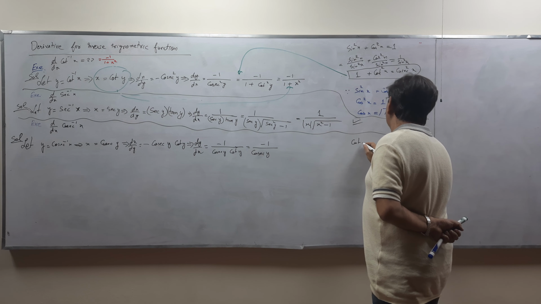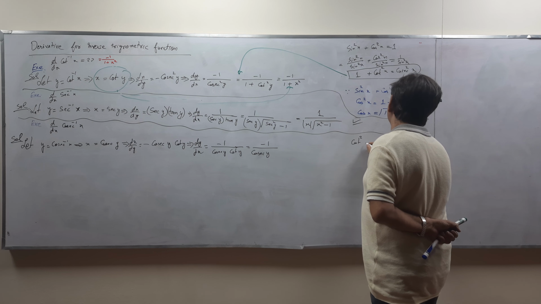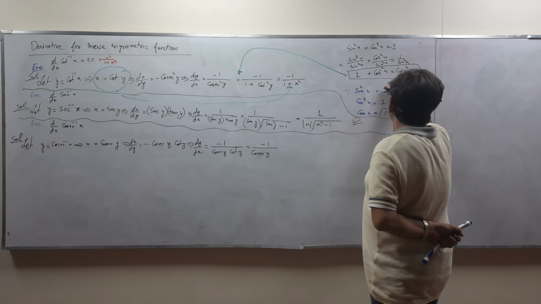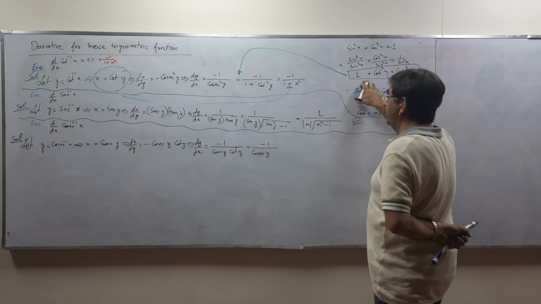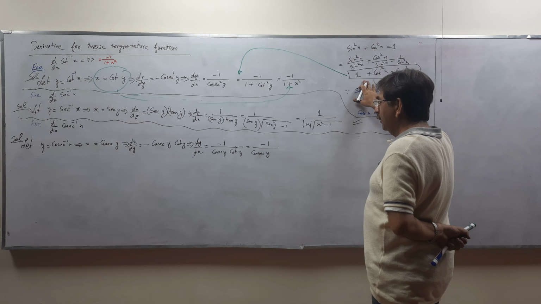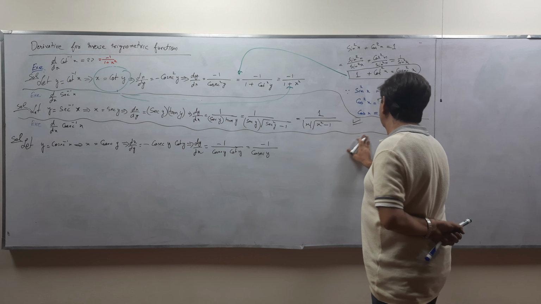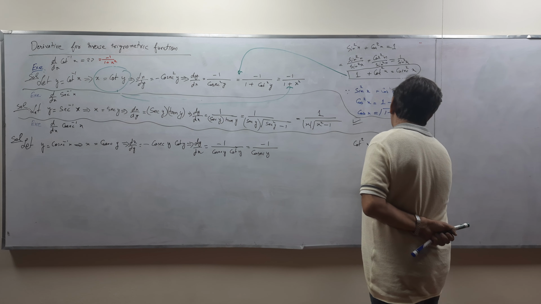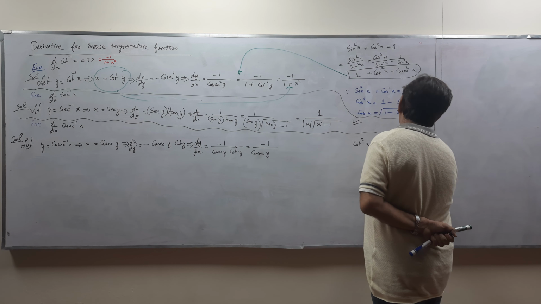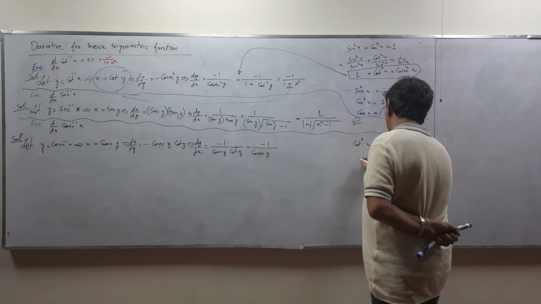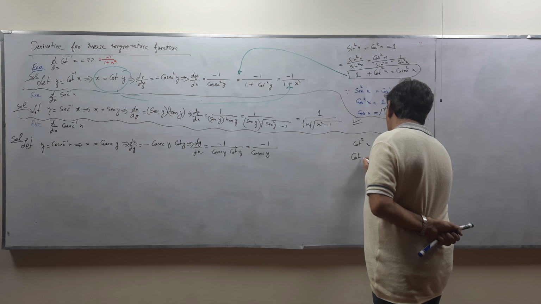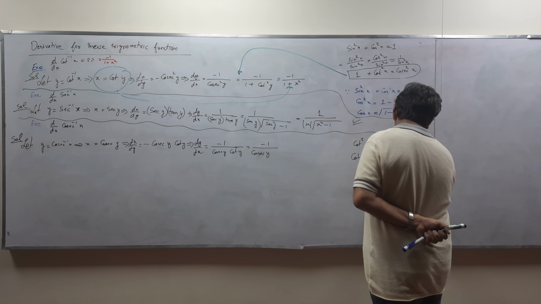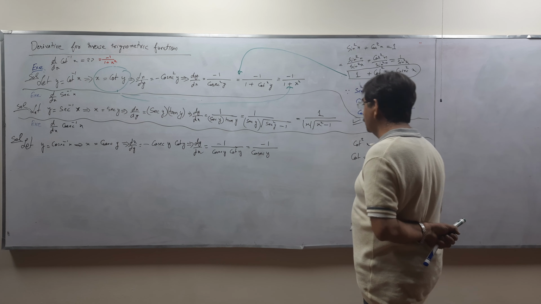We have to convert cot, so cot square y is equal to cosecant square y minus 1.